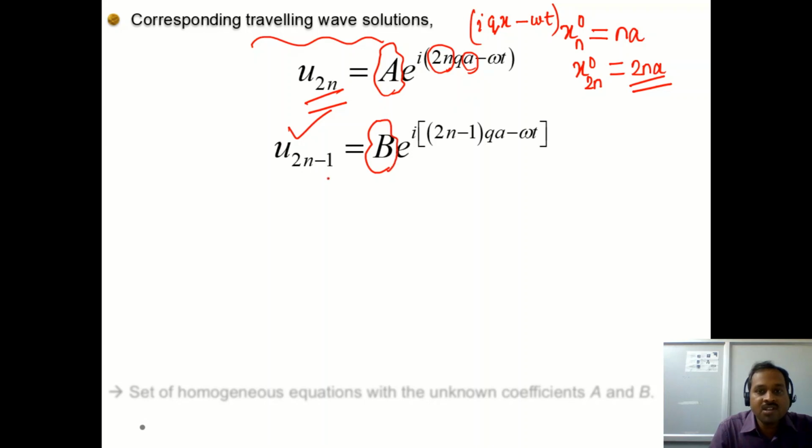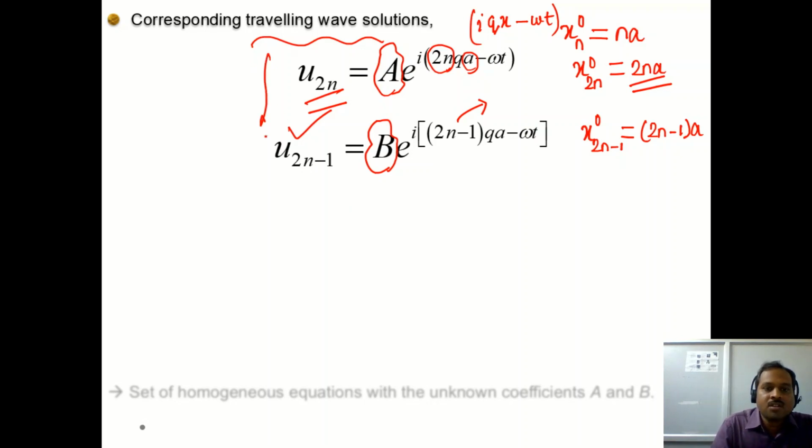Both of them cannot have the same amplitude because they have different masses. Similarly, here x_(2n minus 1)0 will be equal to 2n minus 1 times a. So here you can see the 2n minus 1 term.